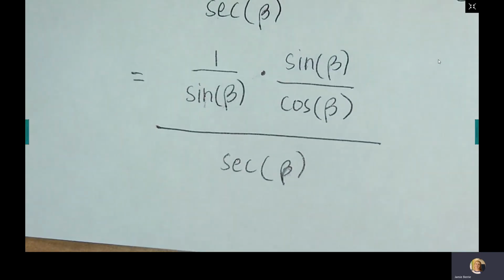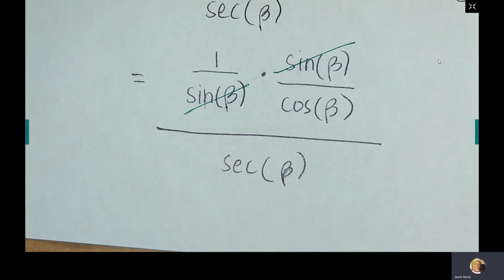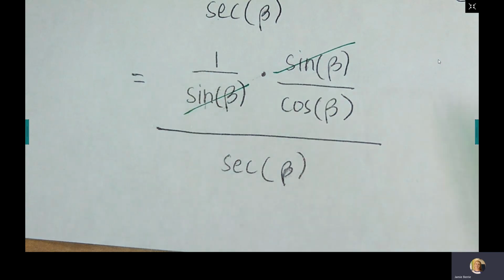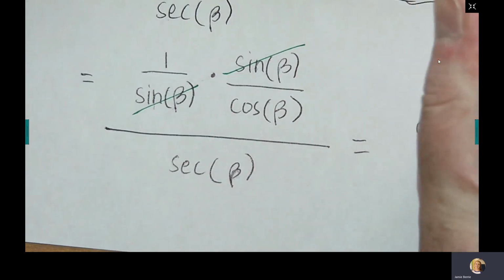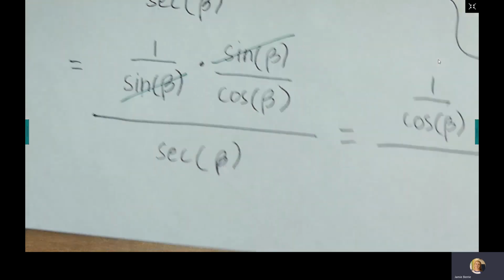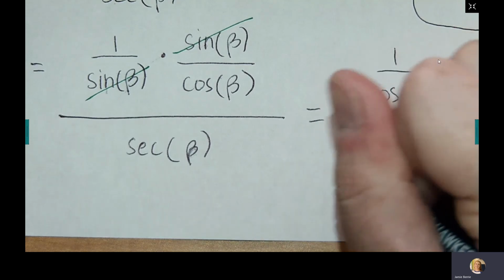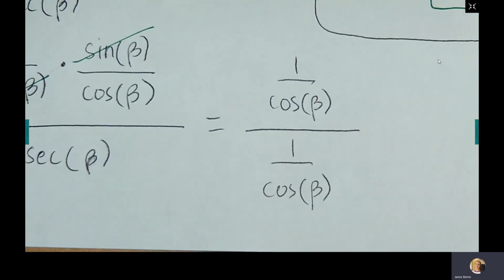All right. The sines are going to cancel. In the top, we're left with 1 in the numerator, cosine beta in the denominator. So that's 1 over cosine beta, all over secant beta. We could change secant to 1 over cosine. So let's do that. 1 over cosine beta. Then we'll do what?